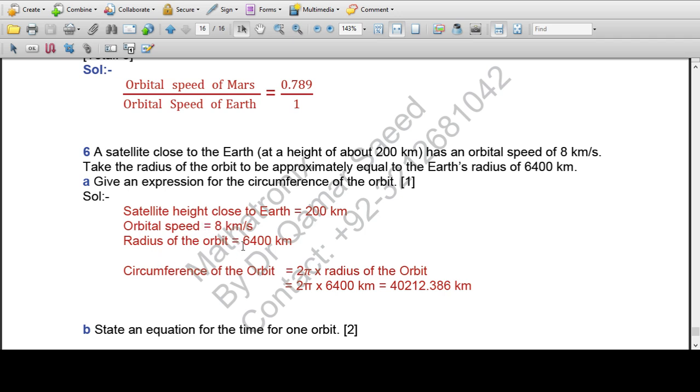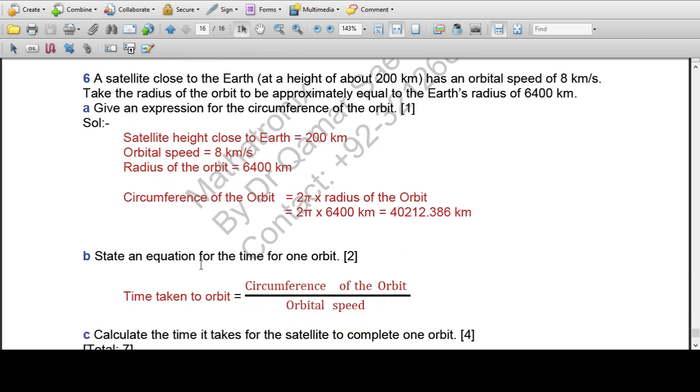The radius of the orbit is 6,400 km. Since we have been asked to take it as approximately equal, the radius of the orbit is taken as 6,400 kilometers. The circumference of the orbit is 2 pi times the radius of the orbit, which is 6,400.